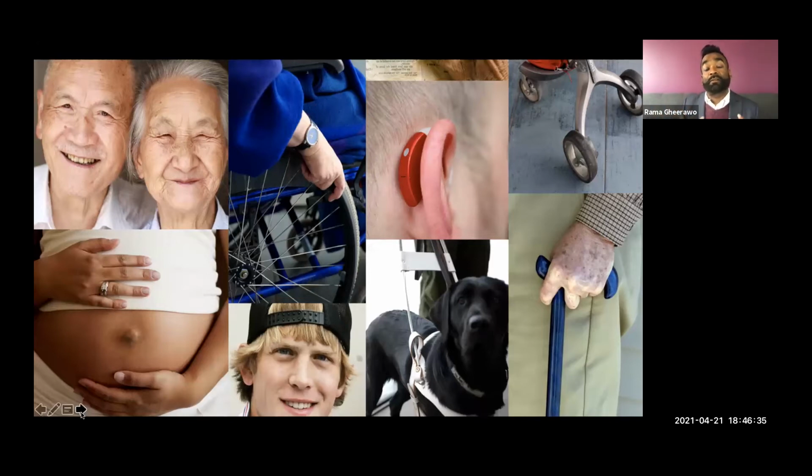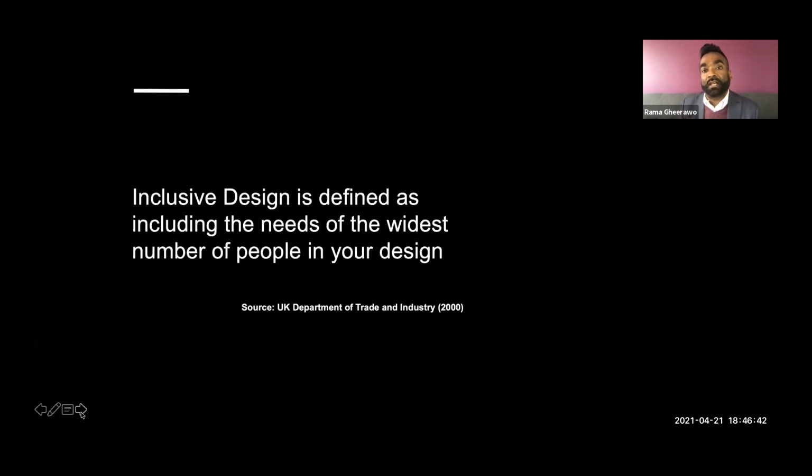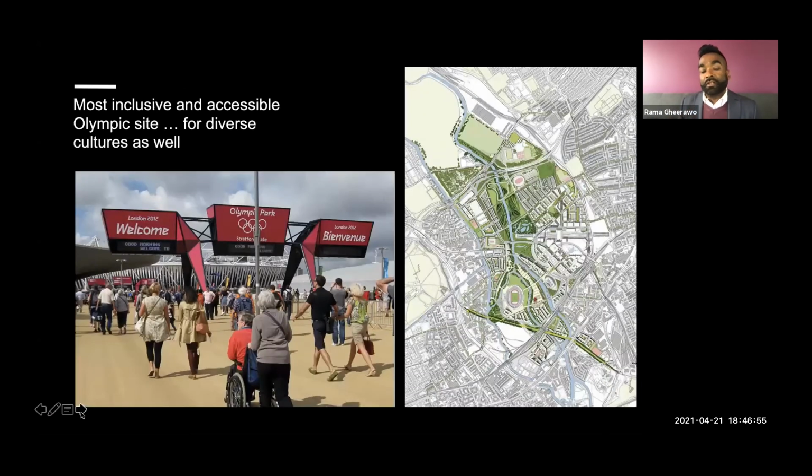It's pretty inextricably linked. And how does design relate to people? Well, inclusive design is defined by including the needs of the widest number of people in your design. It's a beautifully simple context, and especially those who are routinely excluded. Inclusive design has grown to become written into policy by governments, written into strategy by business, and written into community by neighborhoods.